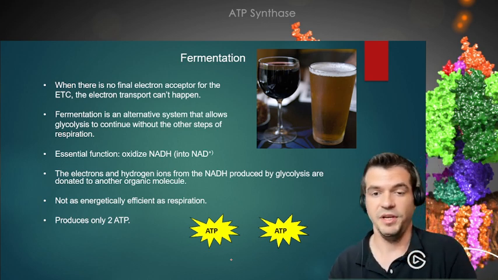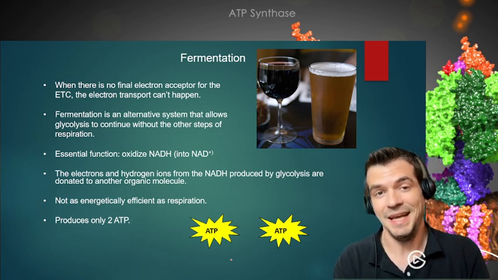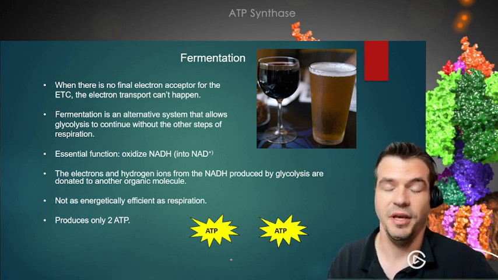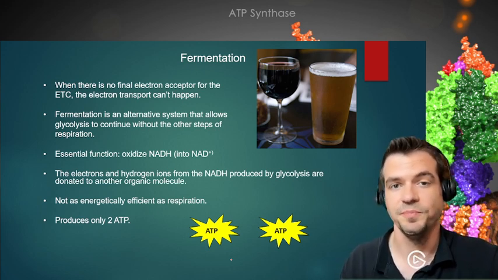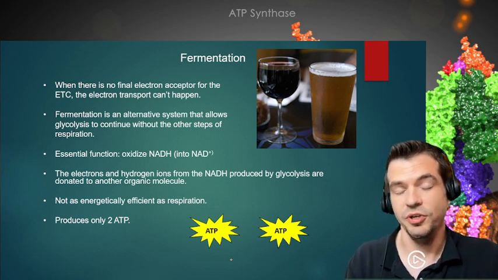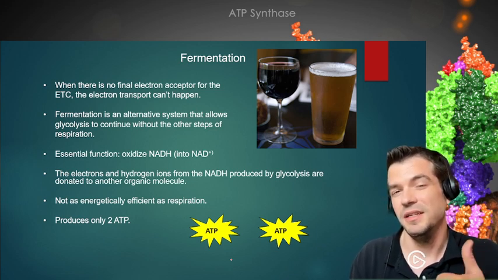If we need NAD in glycolysis, we need to get that back. How do we get that back? We get it back through fermentation. That is when there is no oxygen, but there is plenty of sugar available to them. They would be happy otherwise, except for no oxygen.